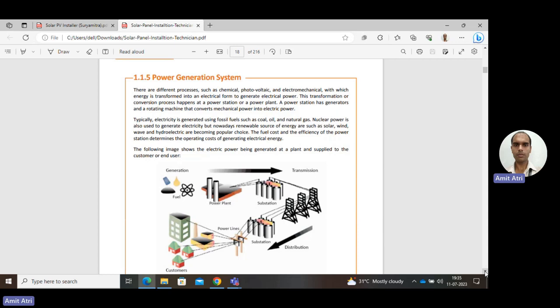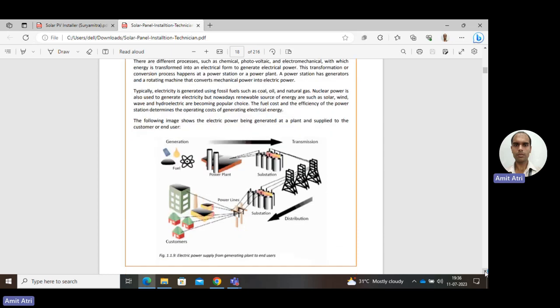This energy generated is transmitted over long distances using a transmission network. The transmission network is shown, with transmission towers and transmission lines. After that, another substation makes the power level suitable for the consumer. Further, this power is fed to the consumers.